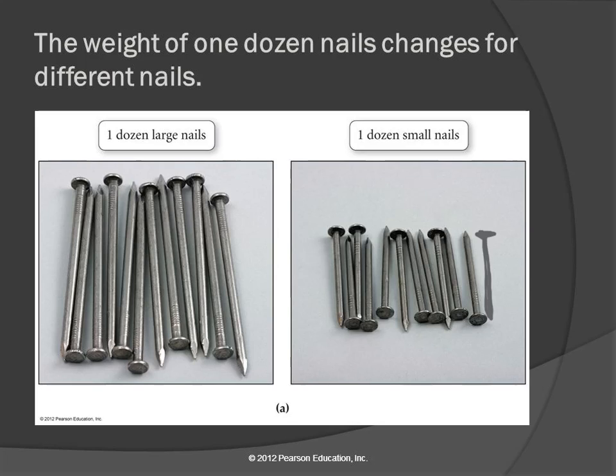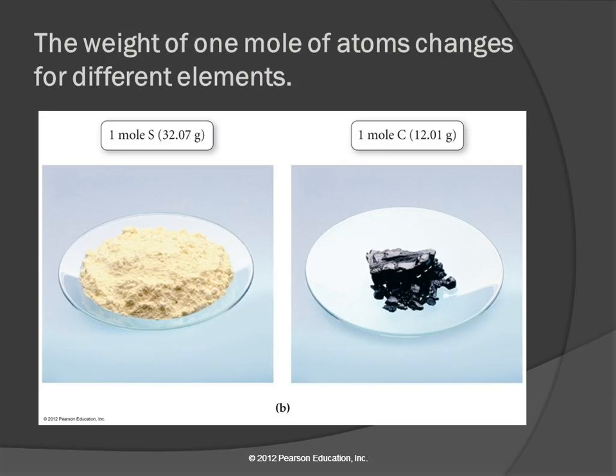So just like the weight of nails changes, even though you have the same number, the weight of 1 mole of atoms is also going to be different. So here we have a watch glass containing 1 mole of sulfur atoms: 6.022 times 10 to the 23rd sulfur atoms.